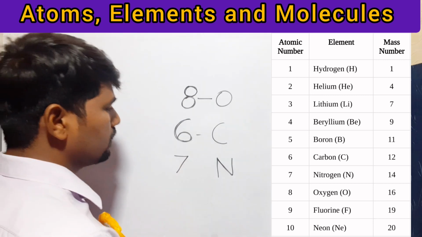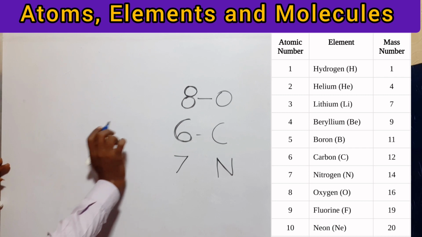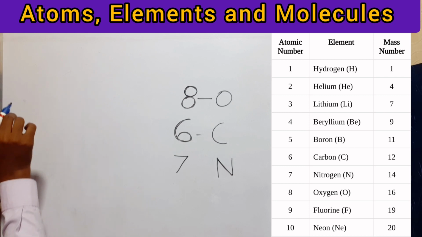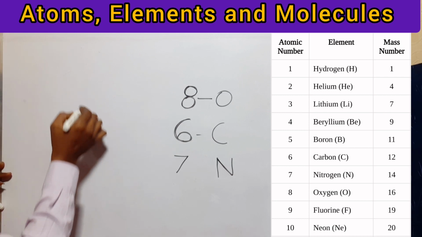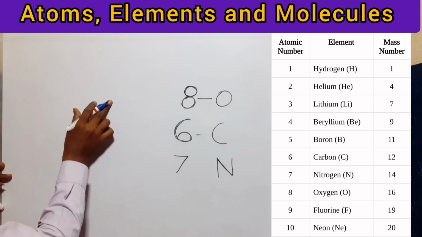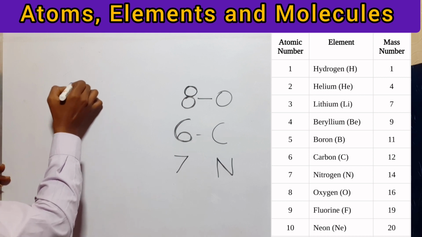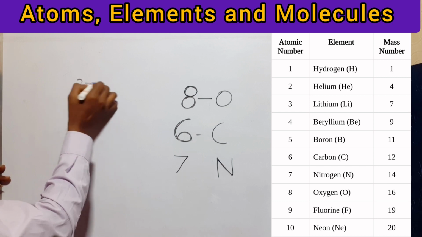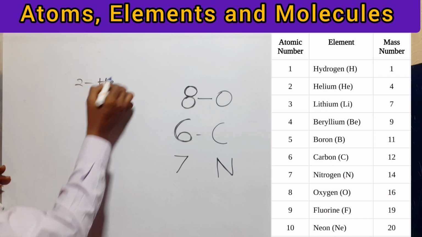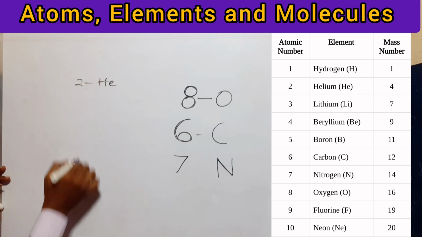Next, so these are some keywords. Okay, next we try to write the numbers 1 to 10 first. See children, we know about the noble gases, inert gases, zero group elements. The second element, helium, is a noble gas, and the 10th element is also a noble gas.